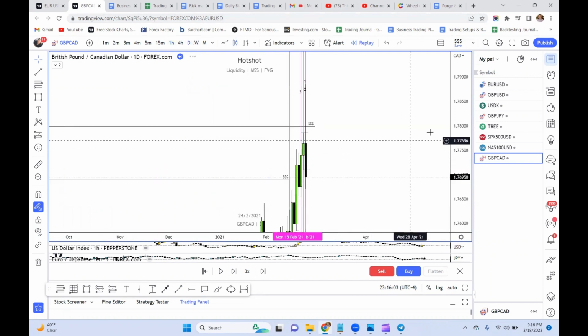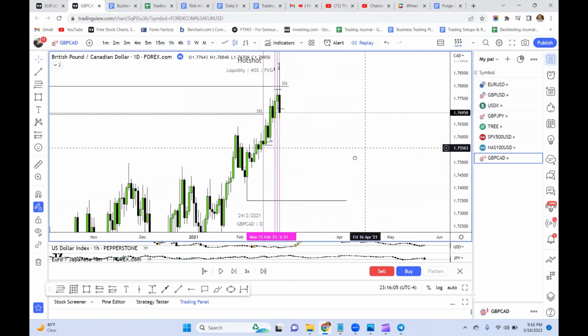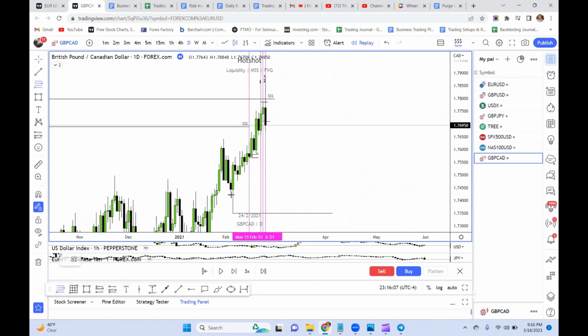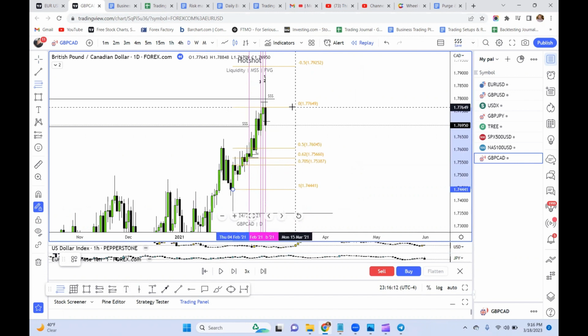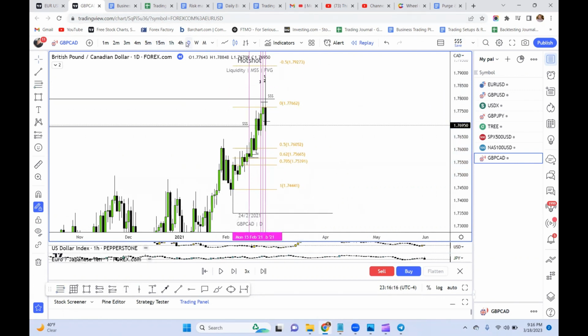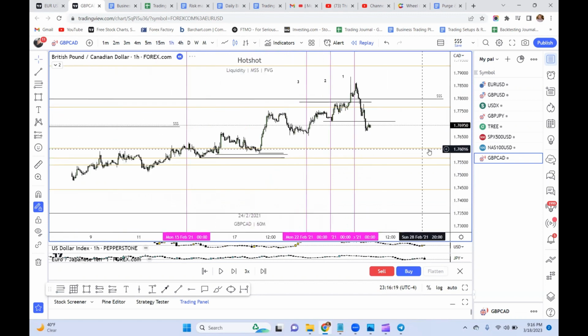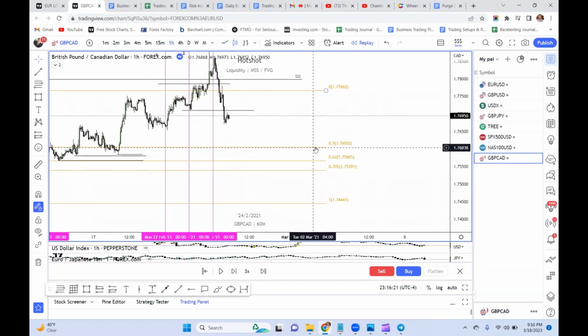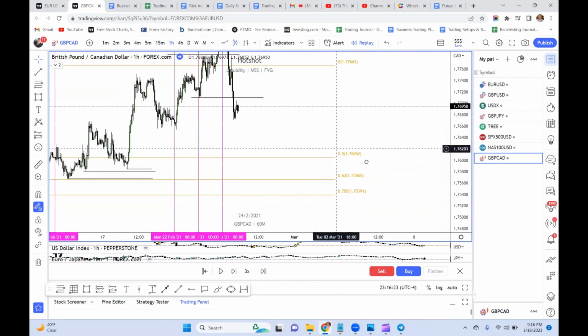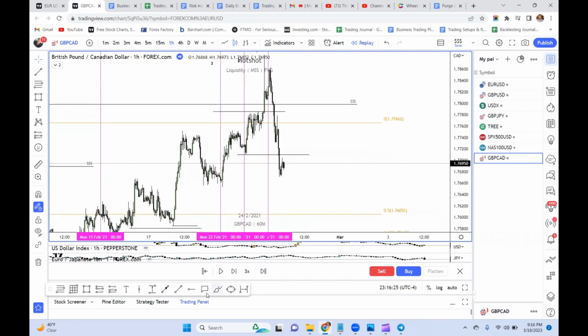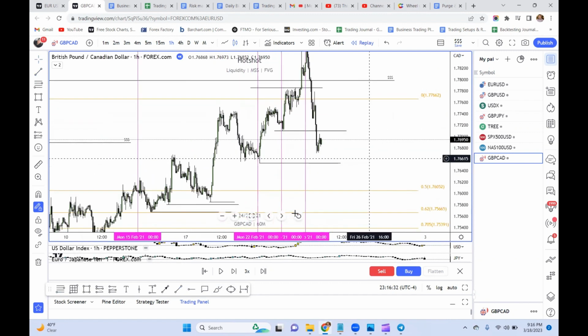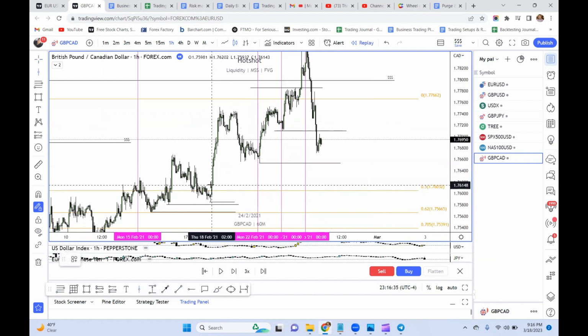If we go to the daily and we throw on the Fibonacci for the expansion to know where our equilibrium is, from here to here, our equilibrium is a 50, which is right here. And with our 3-day look back, you can see that this is the second day. Second day's lowest low is right here. And third day's lowest low until midnight.